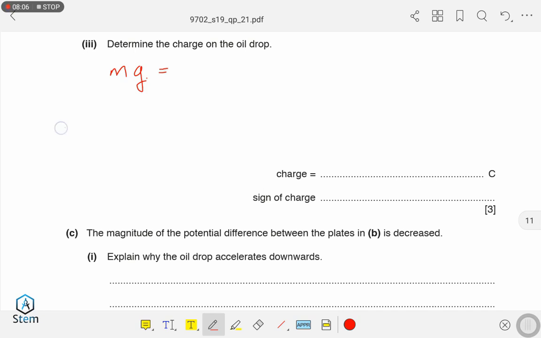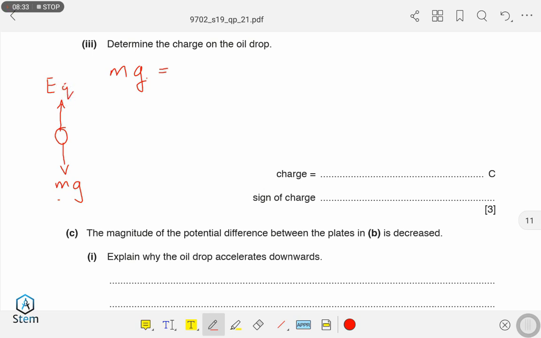So the oil drop is trying to fall down with a force that is equivalent to mg, but the electric force is pulling up with a force that should balance mg, and the electric force is equal to E multiplied by Q. This is the equation for electric force.